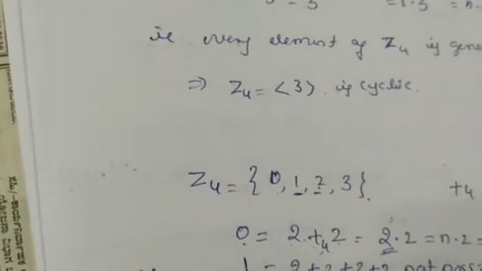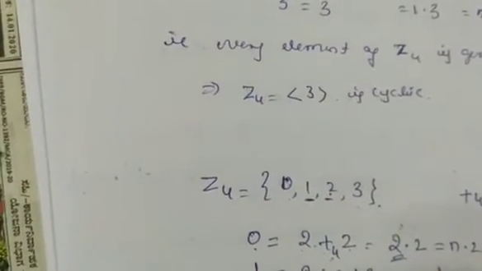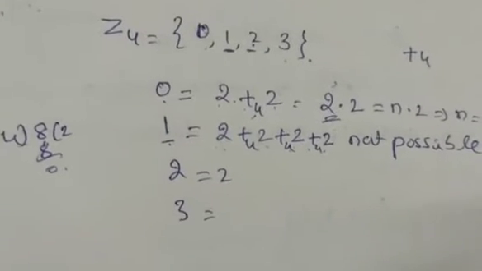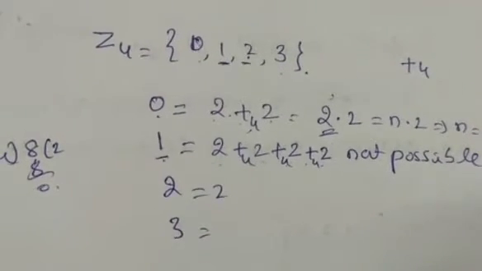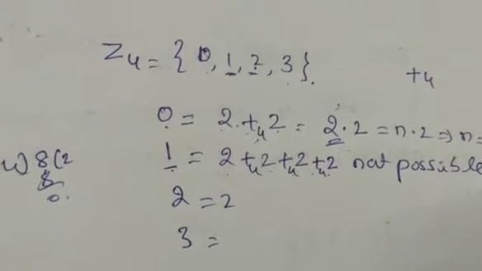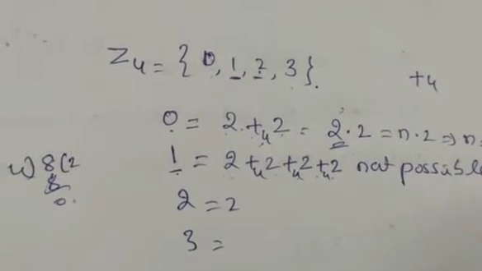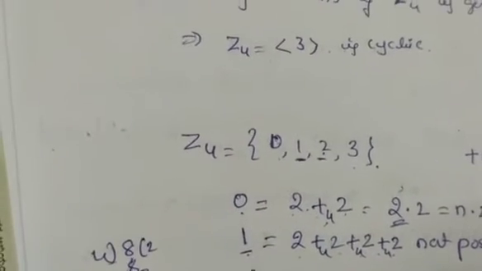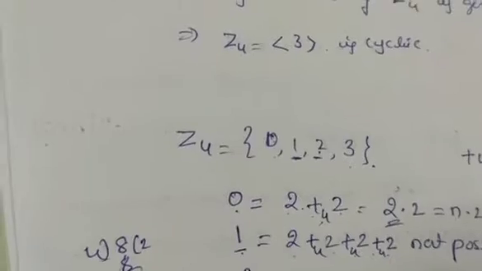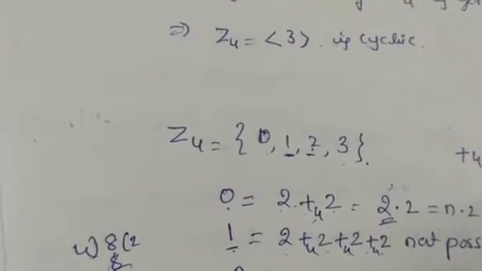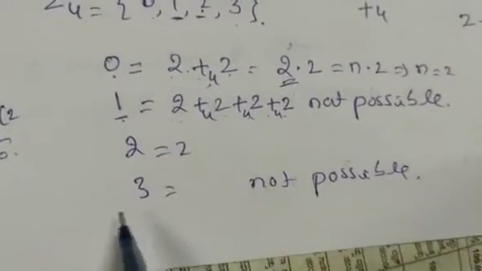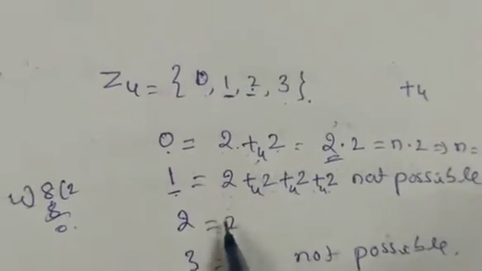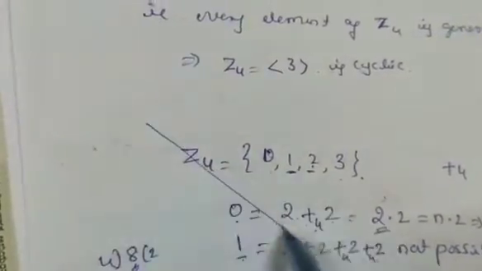Similarly, 3 is also an odd number. We cannot get the remainder 3 by adding 2 any number of times and dividing by 4. It is also not possible. So therefore, we can say that 2 is not the generator. So we have to leave this.